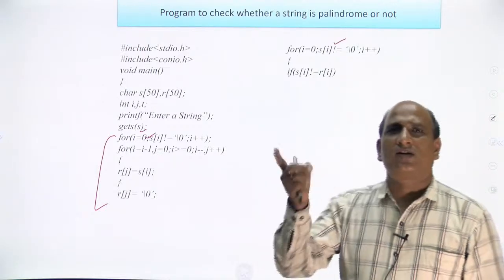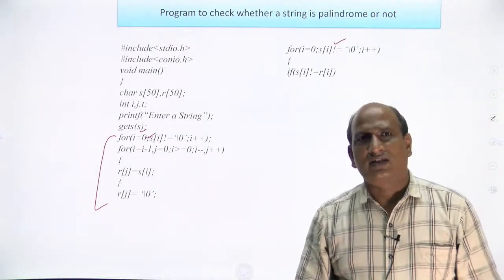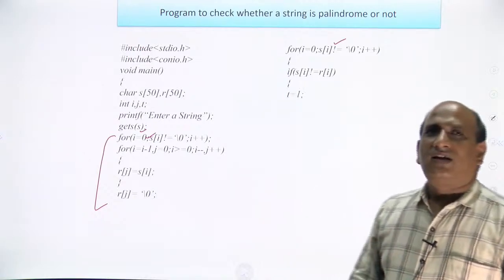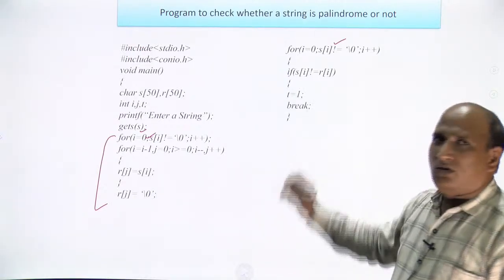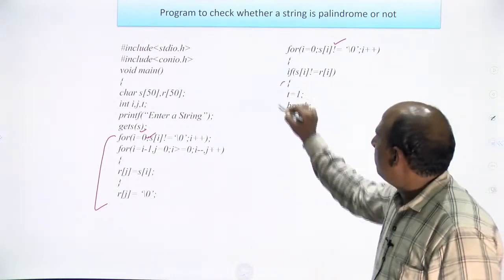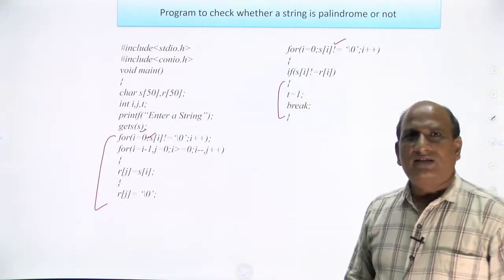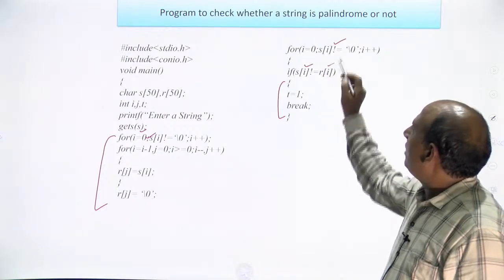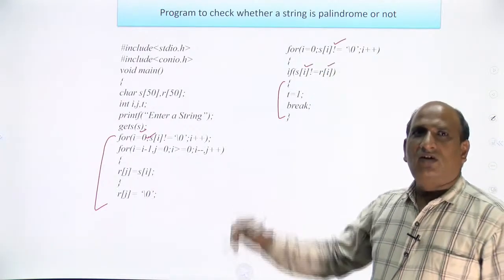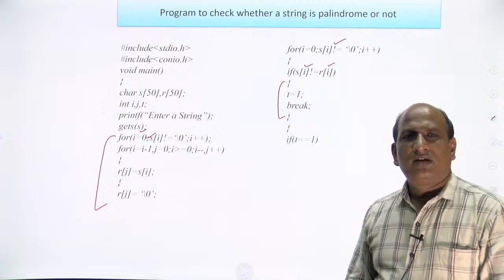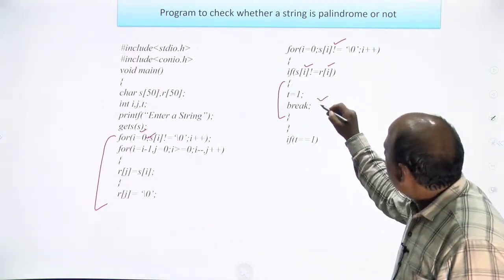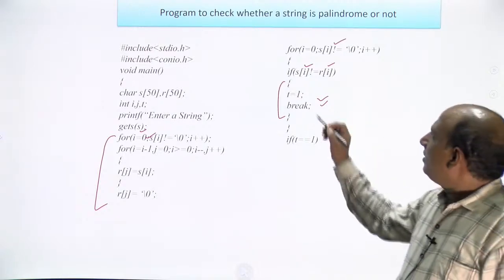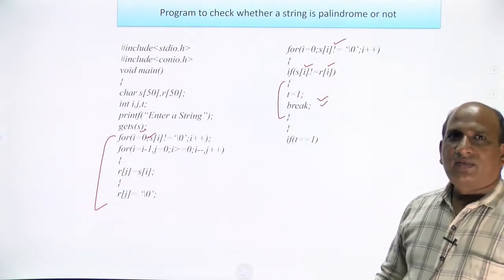If the first character of both strings is not the same, control will go to this if block. Otherwise, if both characters are the same at that position, control will not come here; it will only come here when this condition arises.